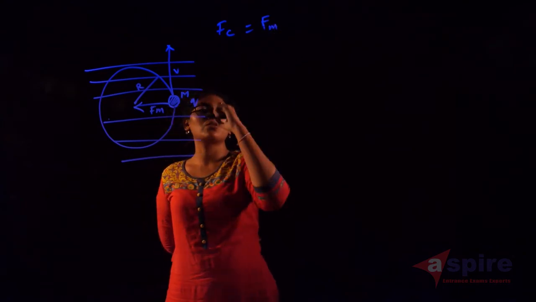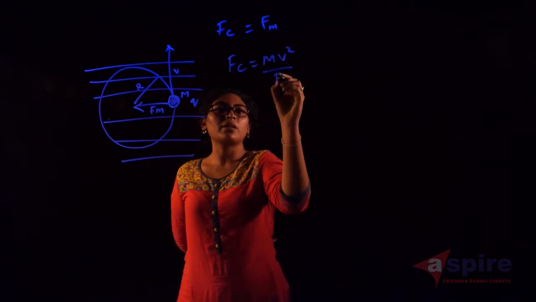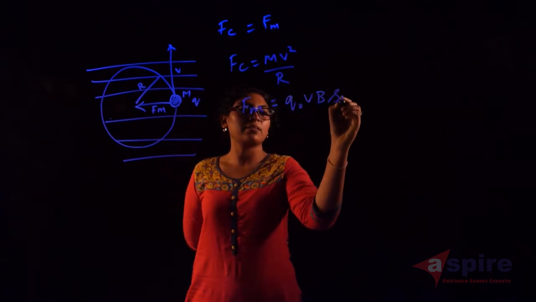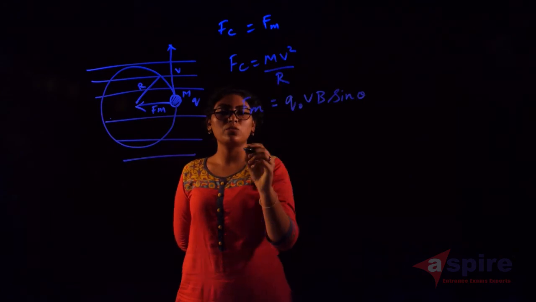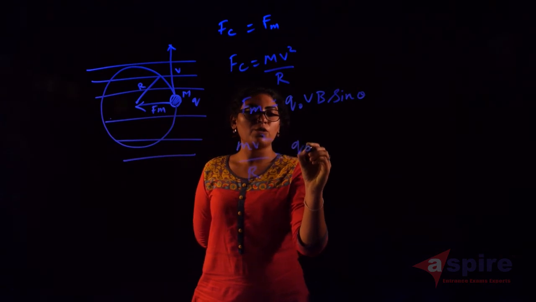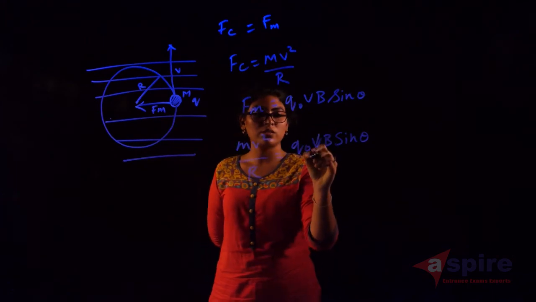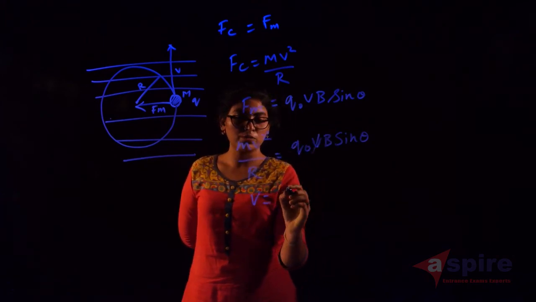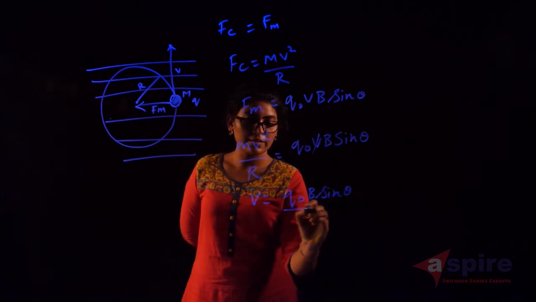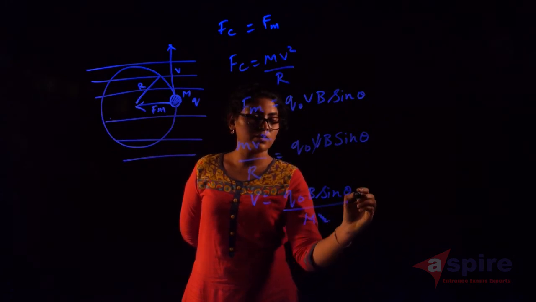So when we equate these two, we get Fc equal to mv squared by r and Fm equal to q v B sin theta. Now let us equate these two: mv squared by r is equal to q v B sin theta. We need to find the velocity, so v is equal to q B sin theta divided by m into r.